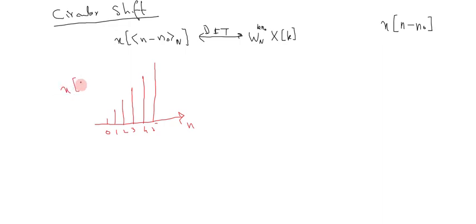This is x of n, and you want to perform a circular shift. Let's suppose you want to circularly delay your signal by 1 unit.